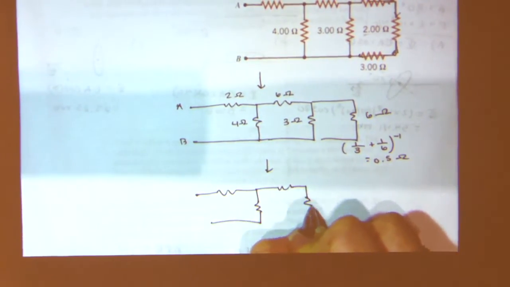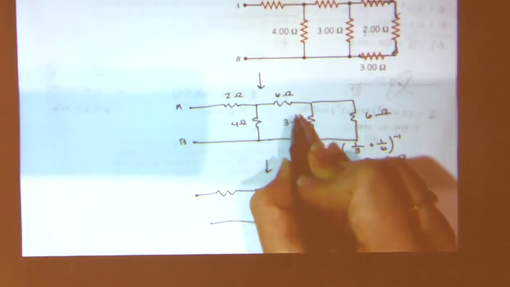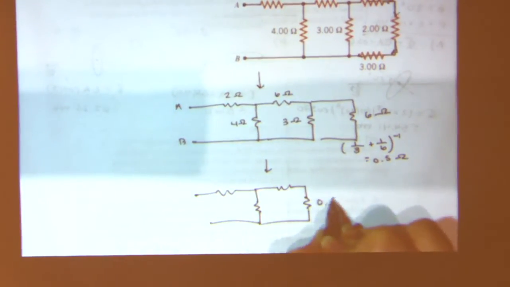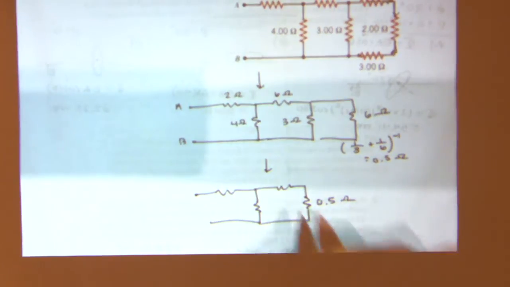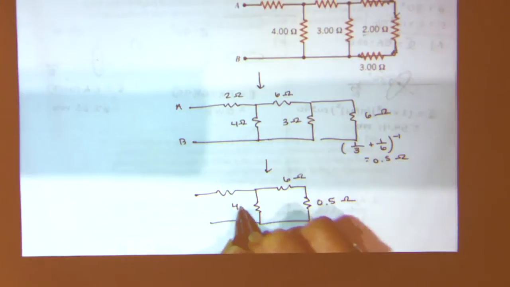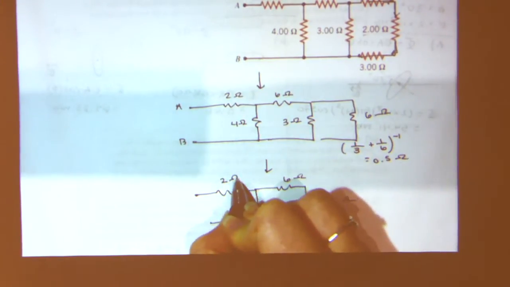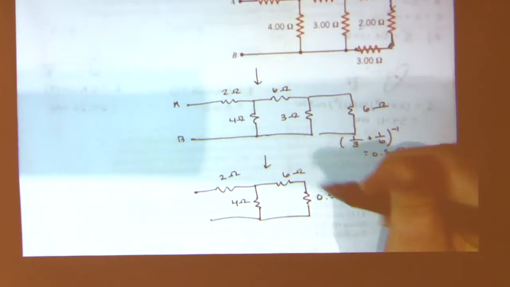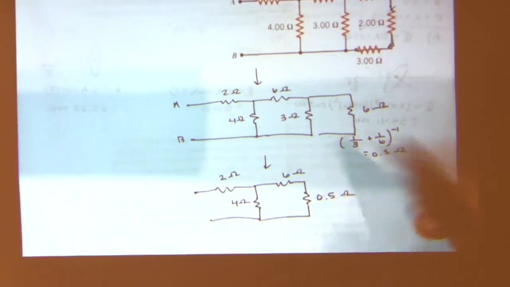We can't include that 6 because of that junction between 6 and 3. So this will be our new resistor, 0.5 ohms. This one is 6 ohms, 4 ohms, 2 ohms. Now we can add these two in series because there's no junction between them.